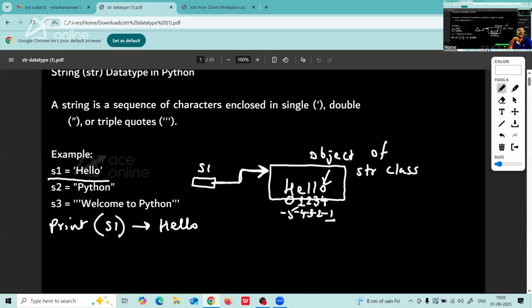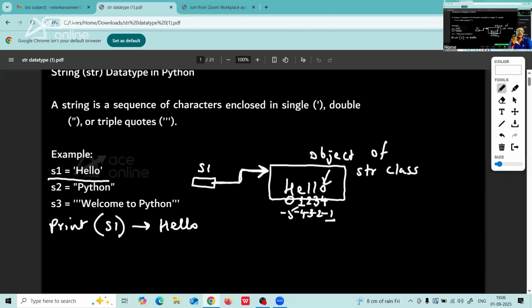So if I ask you, there is a string SAMEER, then what is the negative index of R? You should immediately say -1, because R is the last letter. Last letter has -1. Second last letter has -2 index. Third last letter has -3 index, like that.